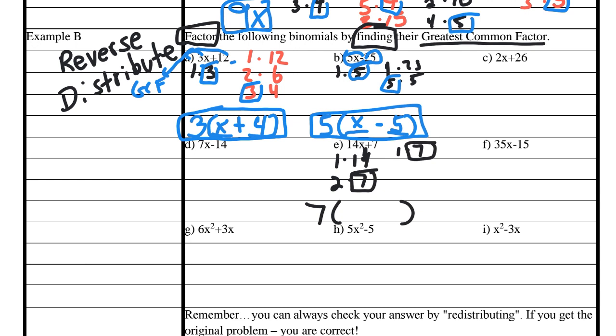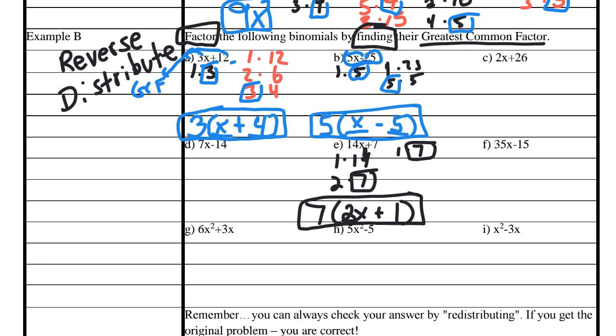Okay, 7 times what gets me 14x? 7 times 2x gets me 14x. 7 times what gets me 7? Well, 7 times 1 gets me 7, and then we were adding. So 7 parentheses 2x plus 1 parentheses.